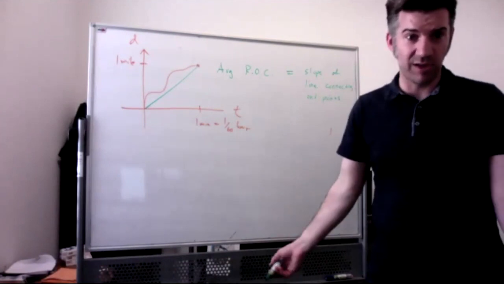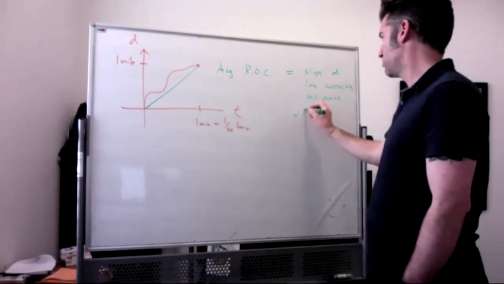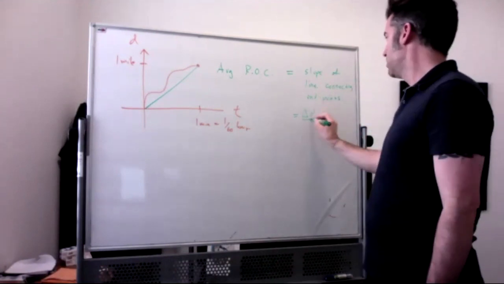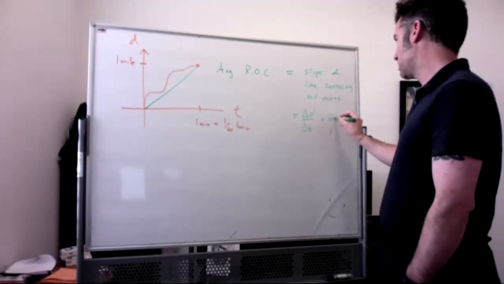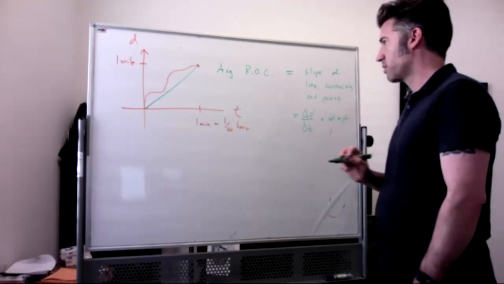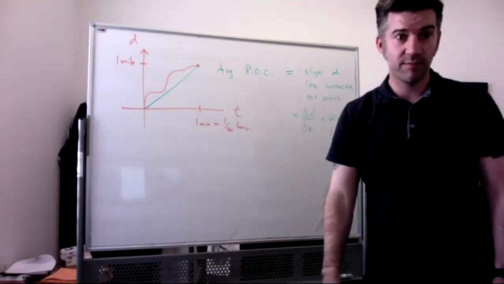Change in y over change in x, or change in distance over change in time, which we already calculated to be 60 miles per hour. But it's really just the slope of that line.